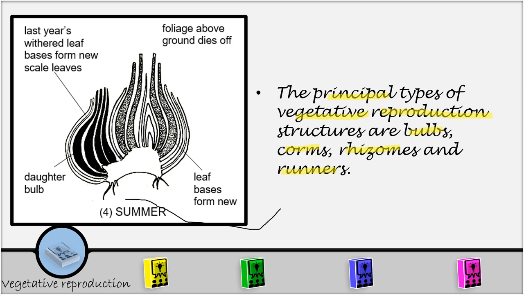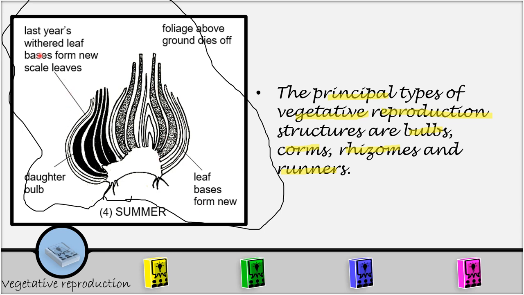For example, here we have a bulb. Now this bulb, when you look at it, has a stem down at the base. It has, of course, the leaf bases forming new ones. These are new leaves formed.